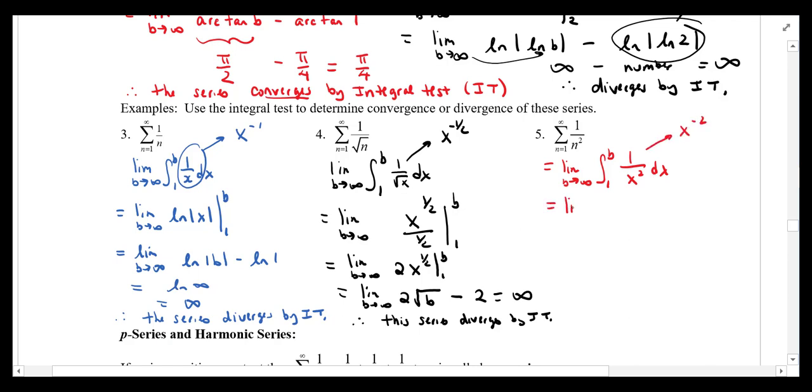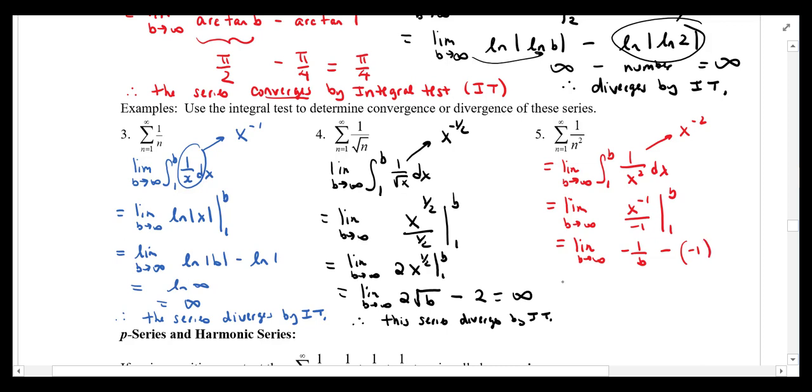So if I take the antiderivative of that, x to the negative 1 over negative 1, from 1 to b, negative 1 over b minus negative 1 over 1, which is negative 1.